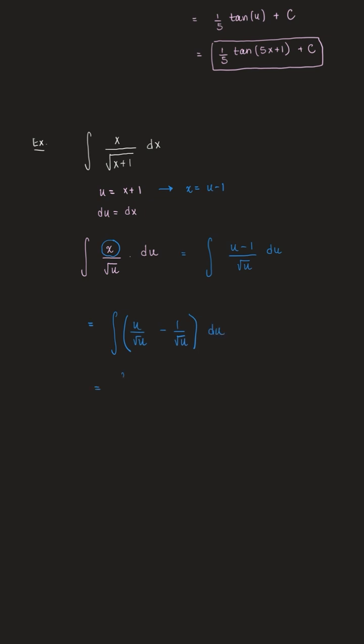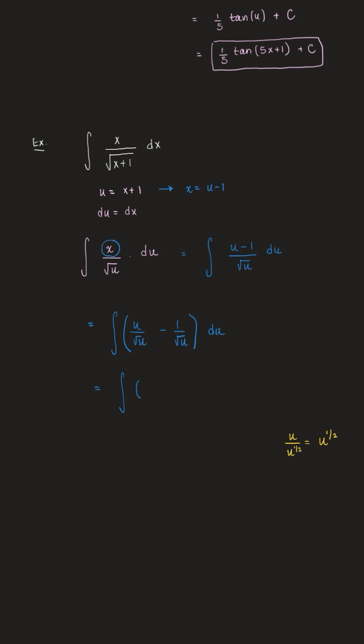And I'm going to simplify a little bit using some rules of exponents. Well, the first one, I'll do this in a different color on the side. The first one is u divided by u to the 1/2. And when we divide, having the same base raised to a power, we subtract the exponent. So this is going to be u to the 1 minus 1/2, which is u to the positive 1/2.